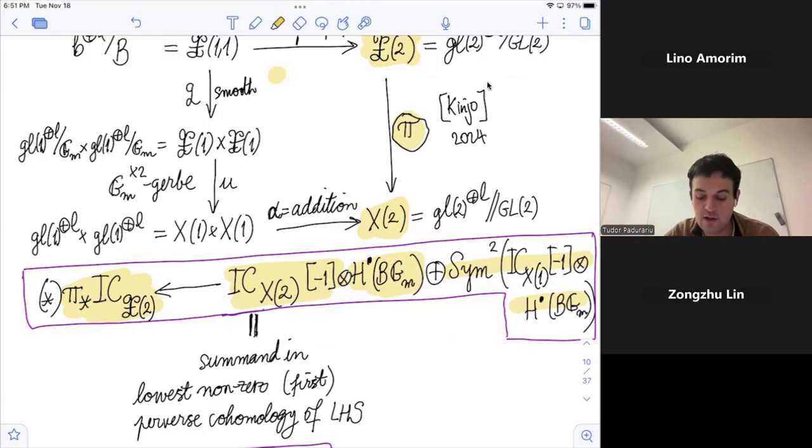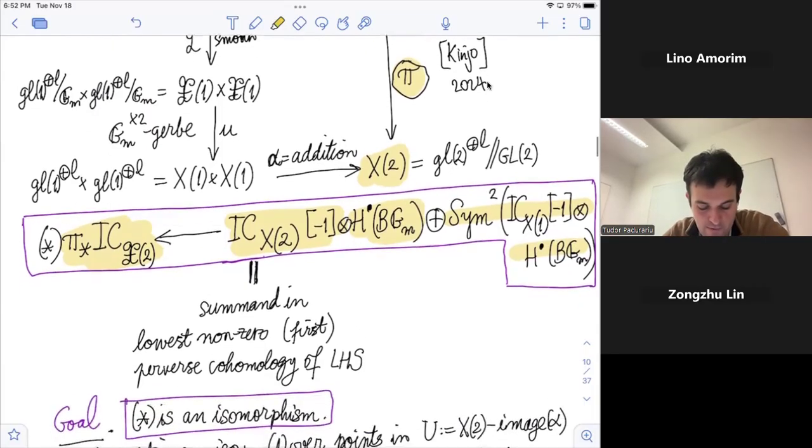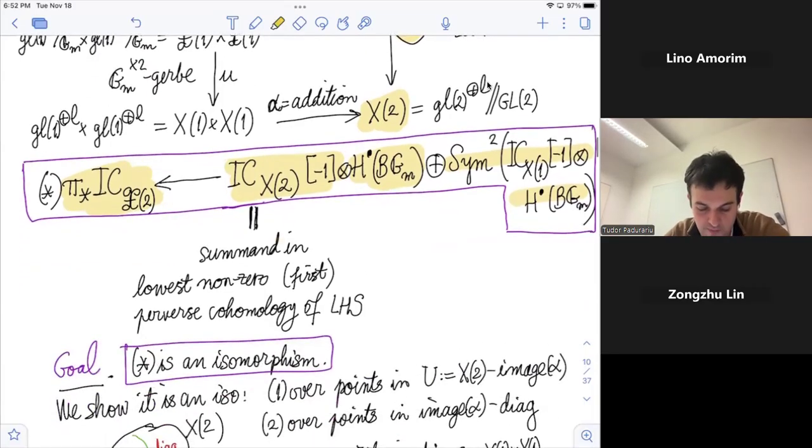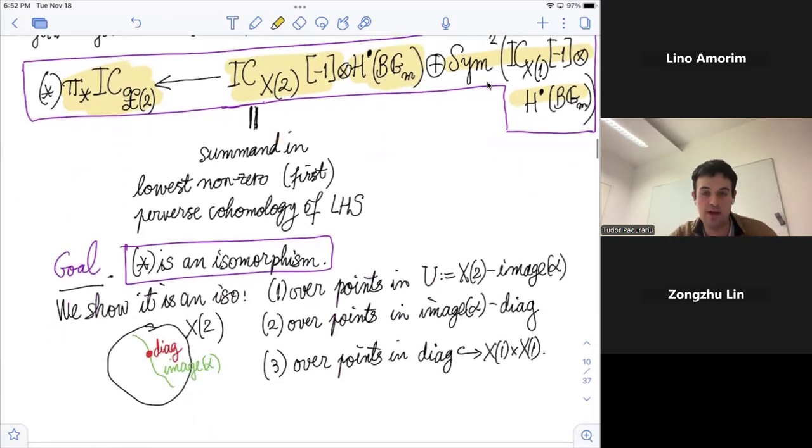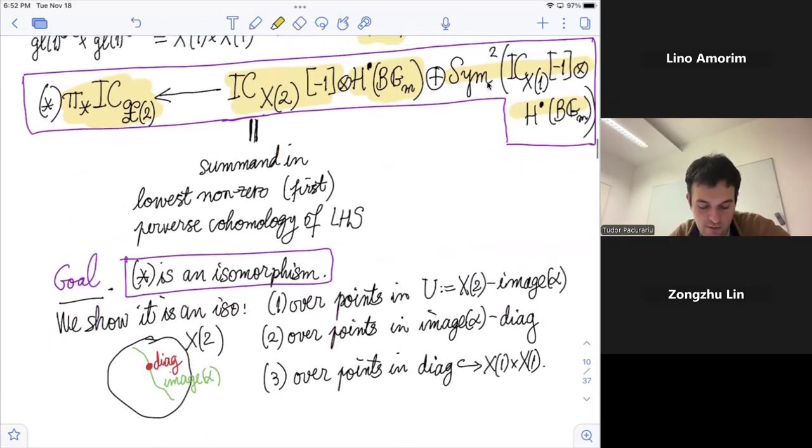It's a certain complex that will be supported over representations of the quiver that are a direct sum of 2 representations of dimension 1. So this is star, and we want to show that star is an isomorphism. How do we do this? It's a local statement on X_2. Here I made a cartoon picture of X_2.